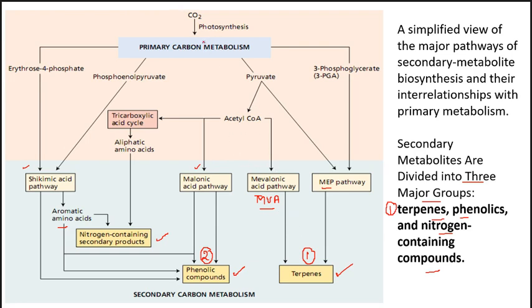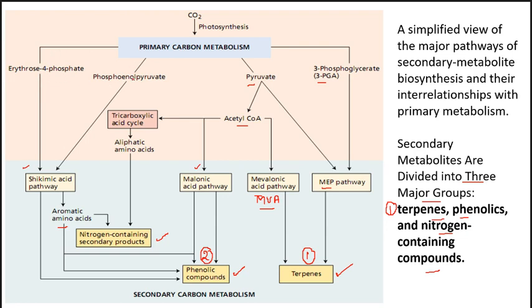So see here, I give you some examples of primary carbon metabolism or primary metabolites also. Examples of primary metabolites include pyruvate, 3-phosphoglycerate, acetyl CoA, then this aliphatic amino acid, erythrose 4-phosphate.